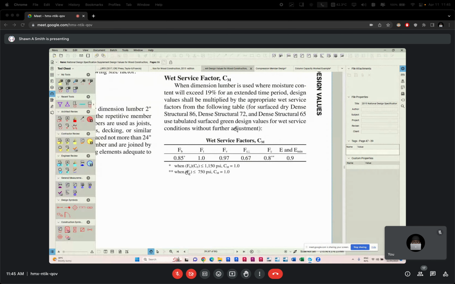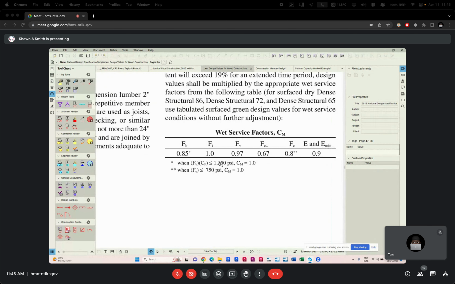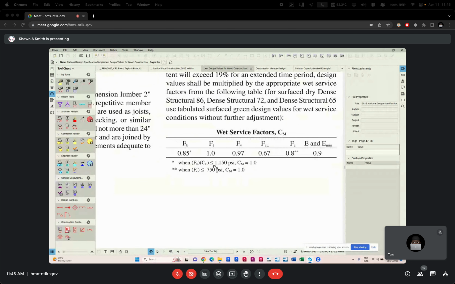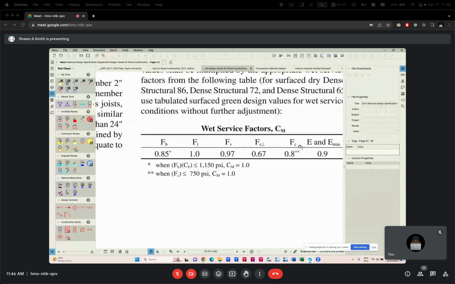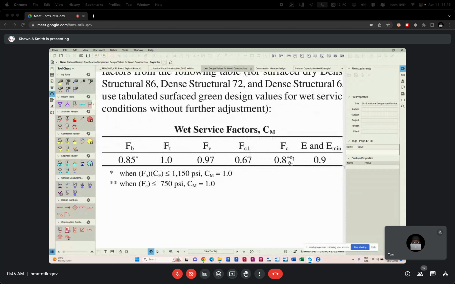It says here when FB times CF is less than that. All right, so we had done this last week, right? Apart from having these, when we come in the table and see these asterisks, that means we have to do some further checks.